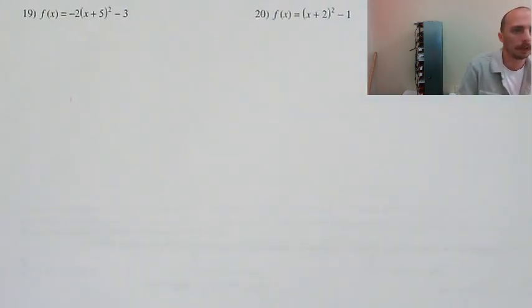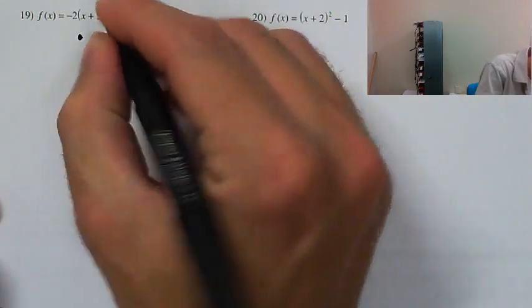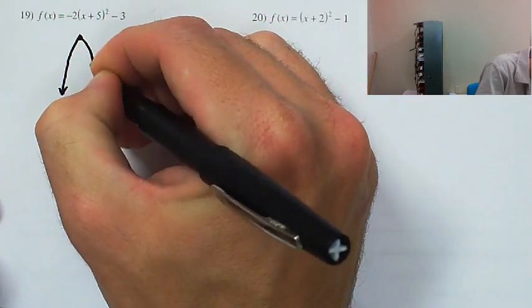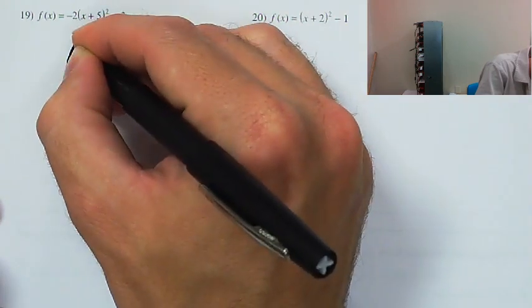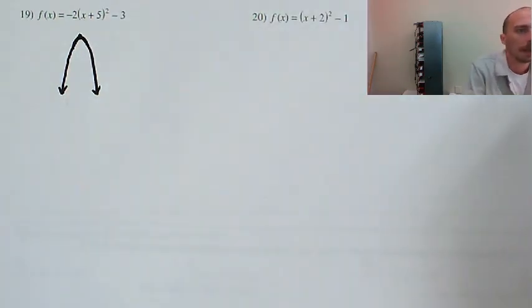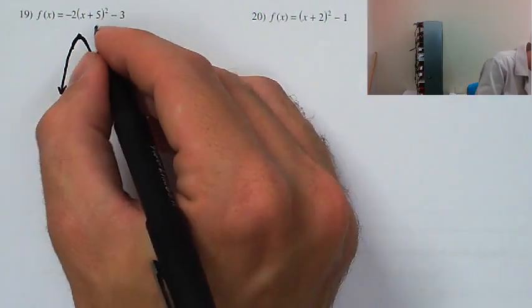Okay. The last two, 19 and 20. Right, -2, okay, means the parabola is going to open down and be kind of narrow. It's a little pointy there, but, you know. Okay, it looks a little better now. Smoothed it out. Okay, the vertex will be where x is -5 and y is -3.